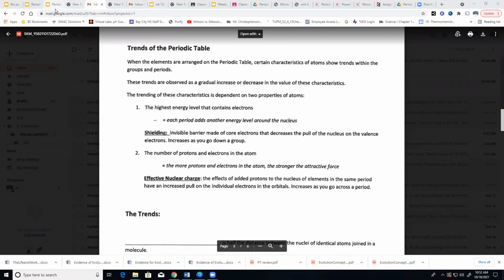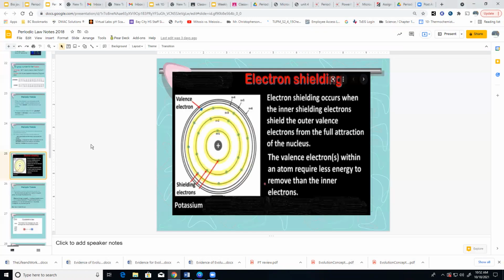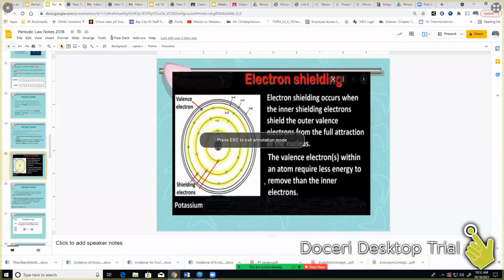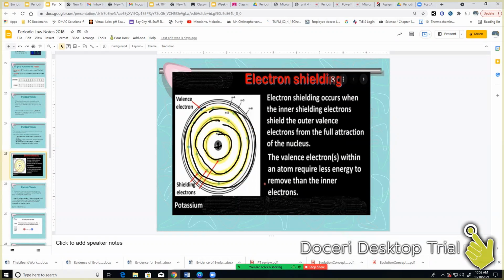So let me see if I can pull this little picture up. You don't need to copy all of this stuff, but this is what I was talking about on the first one. We talk about shielding. Nucleus is positive. All these electrons are negative, so opposites attract. But as I increase my energy level, so that's energy level 1, energy level 2, energy level 3, now these valence electrons, let's say that they're in energy level 4.